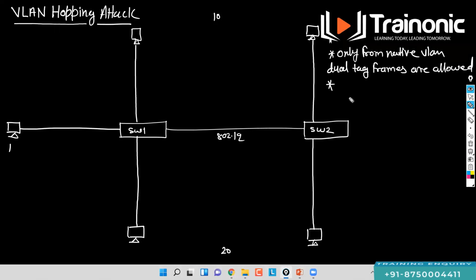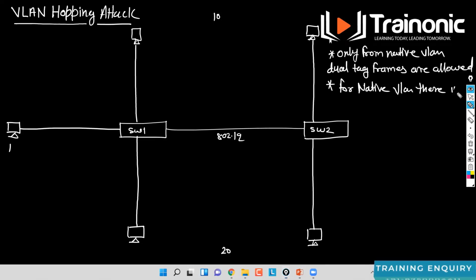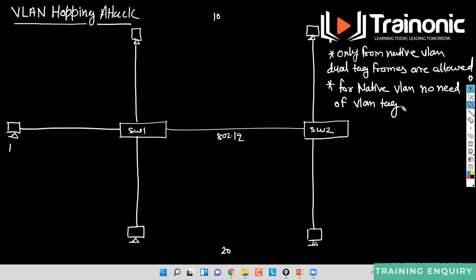And the second point is, for native VLAN there is no need of VLAN tag.